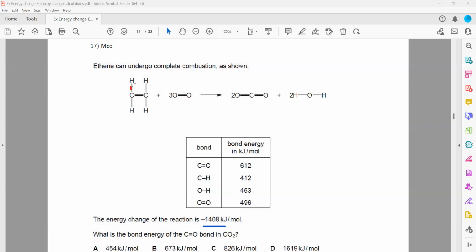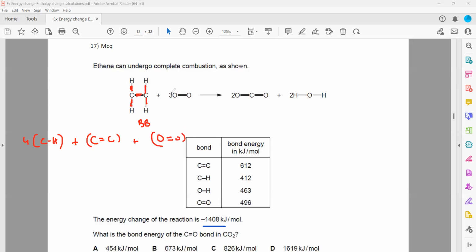So 1, 2, 3, 4. Bond breaking, there will be 4 CH, plus carbon double bonded with carbon, only one of them, and then oxygen double bond.